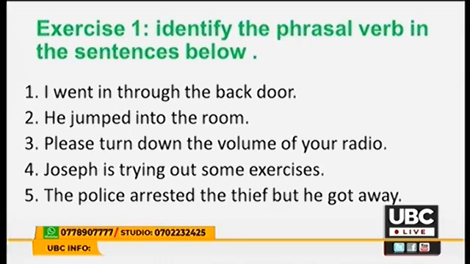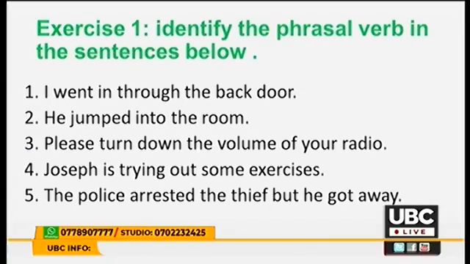Sentence 1: I went in through the back door. Then he jumped into the room. Please identify the phrasal verb in those sentences.